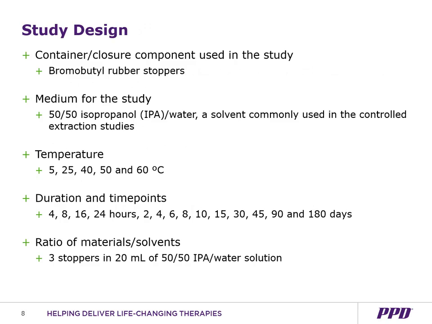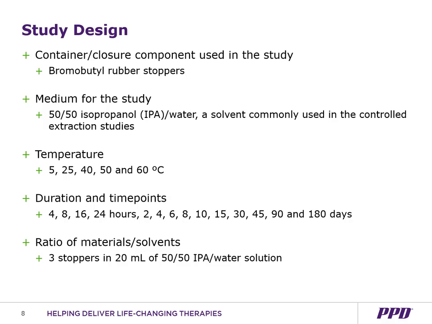So in the initial study, the container closure component we investigated was bromobutyl rubber stoppers. We looked specifically at BHT from the rubber stoppers sitting still in incubation, allowing only time or duration and temperature as factors for extraction. The solvent chosen was 50/50 IPA water, a solvent that is commonly used in extraction studies.